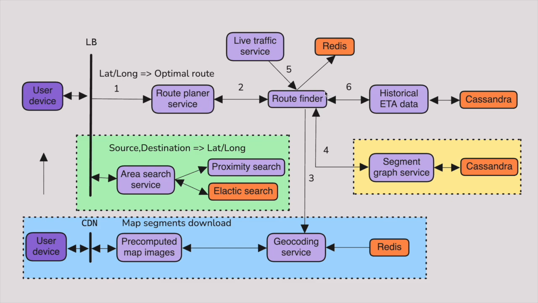And then check what is the most optimal route that we need to use. And in this case, the low resolution big segments would compute the route based on the highways. So this is where the whole trick is, having the routes pre-computed across different dimensions, and then based on the source and destination, find the most optimal routes. But if we can't, or we are short on time, we can always check historical ETA data and get the most optimal route from there.